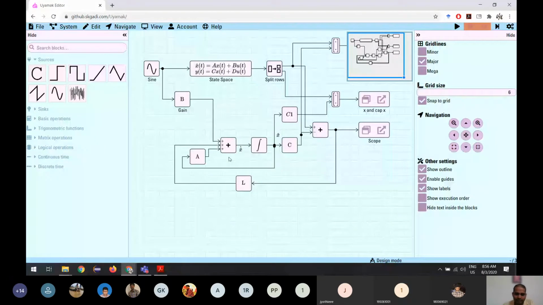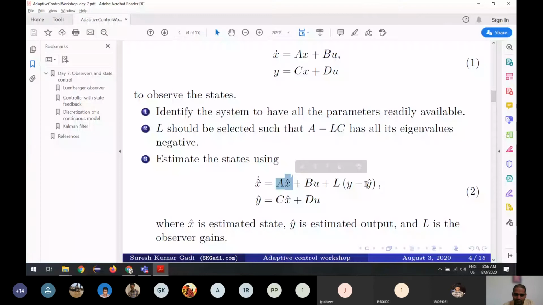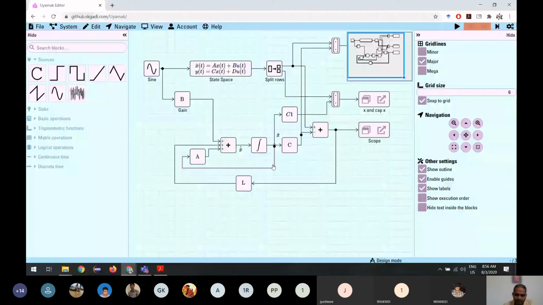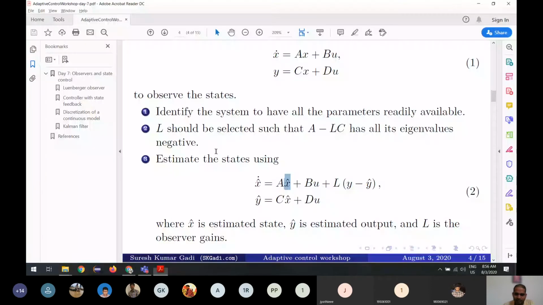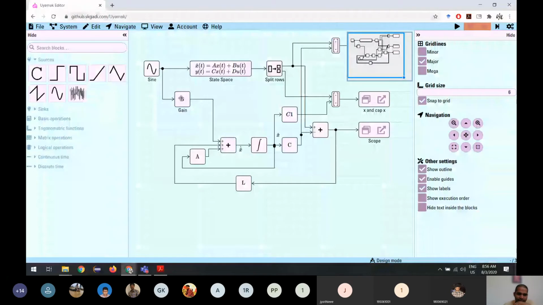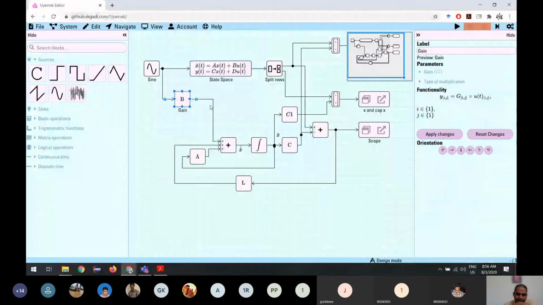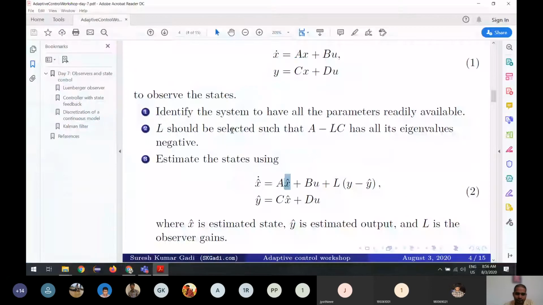And what is x cap dot? It is the sum of three terms, 1, 2, and 3. What is the first term? A times the same estimated value. The second one is B times the input. We are giving the same input here and here. And the last one is L times Y minus Y cap.